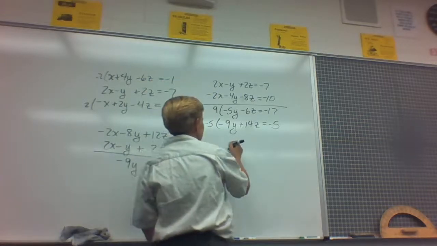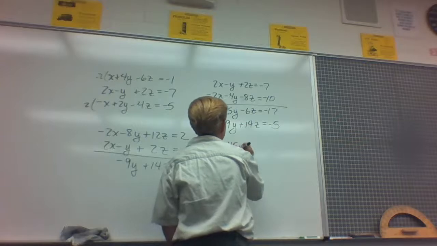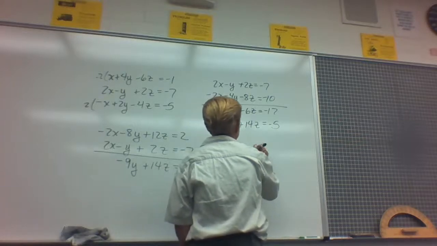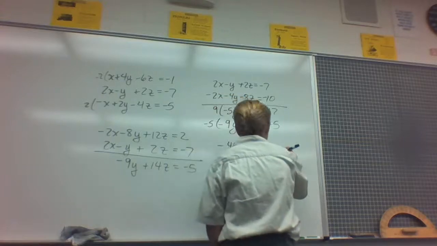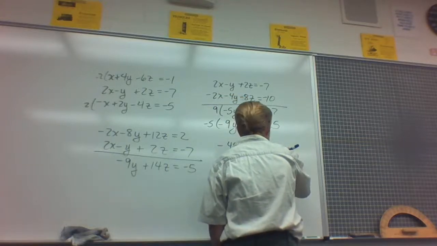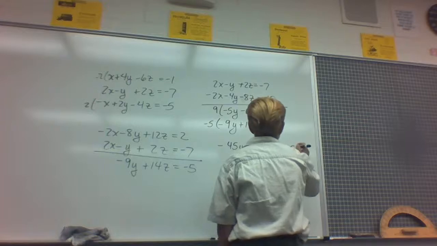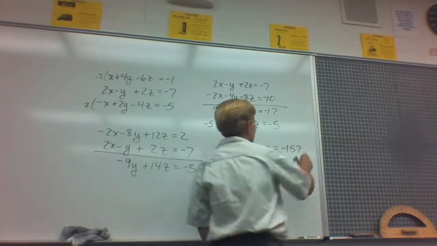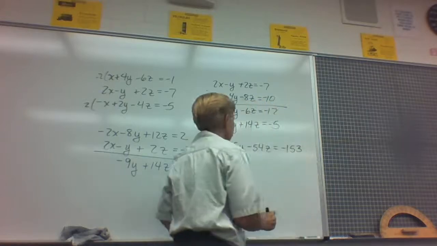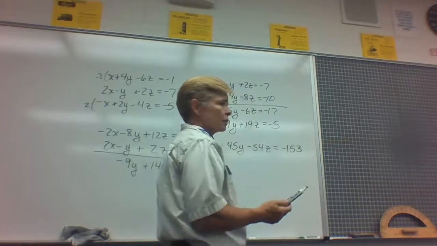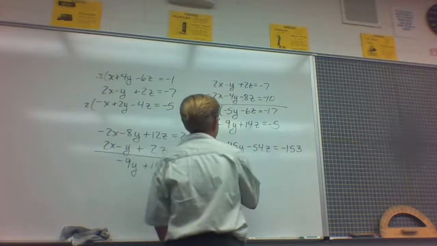So the new equations become negative 45y minus 54z equals 170, 160, 157. No, 153. Somebody want to check that out on the calculator, make sure we got this right. 9 times 17, is that 153? Yep.